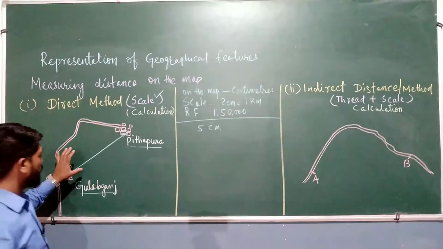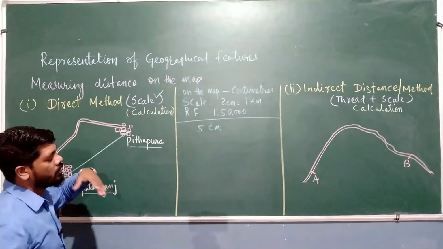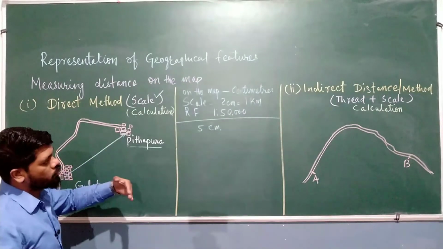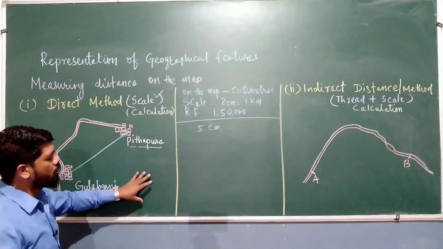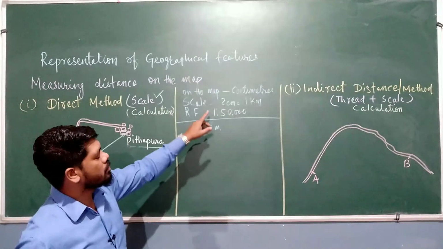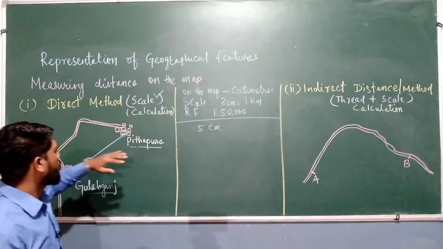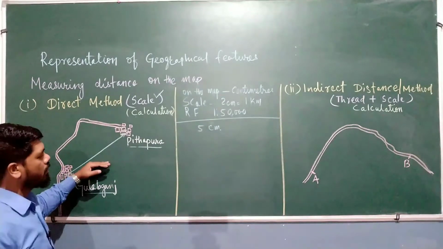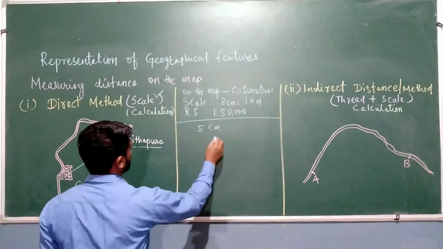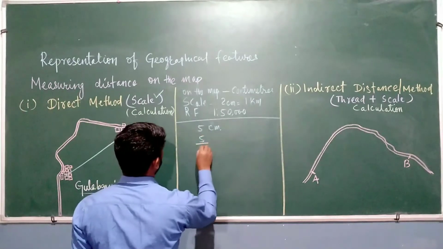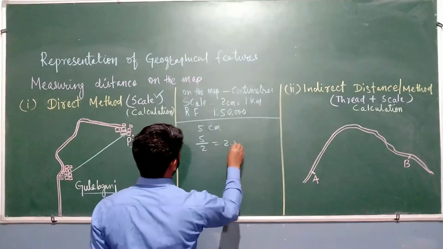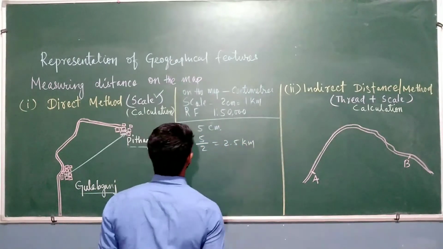So this 5 centimeters has to be divided by 2. Why does it have to be divided by 2? Because 2 centimeters is equal to 1 kilometer. So 5 divided by 2 will be 2.5 kilometers.